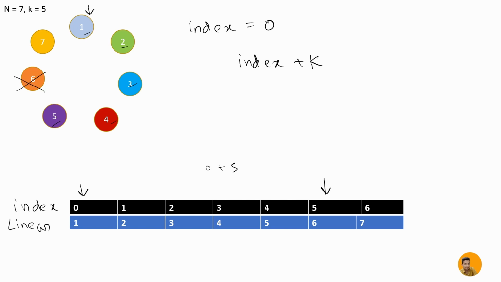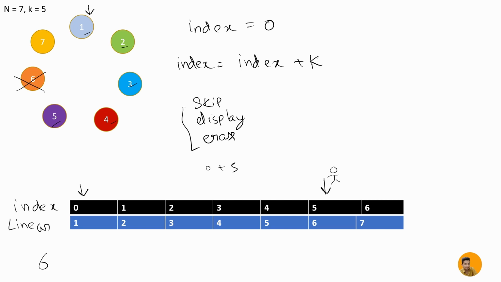So you skip, display and then you are removing, so erase. We need to follow these 3 steps only. I have skipped index plus k, then I have displayed, and then I have erased. Now you are standing at this position.